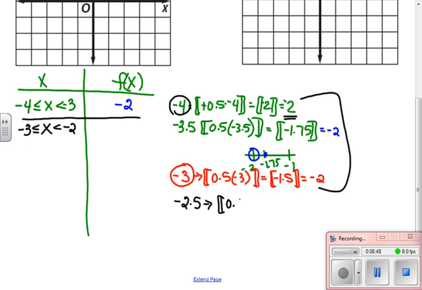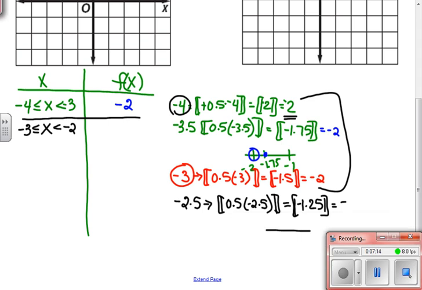And at that point, we have 0.5 times negative 2.5, which is going to equal negative 1.25. And now when I round down, if you think about where this is, I'm at negative 2.